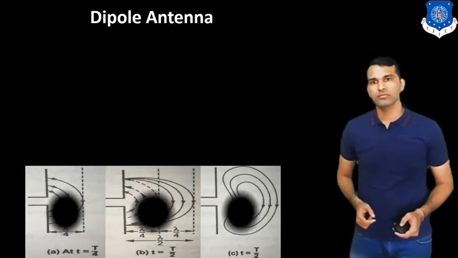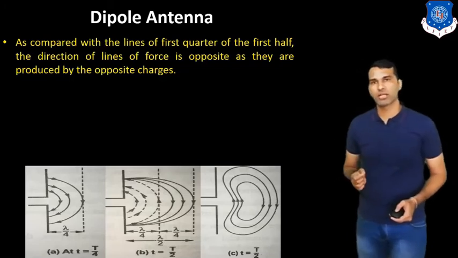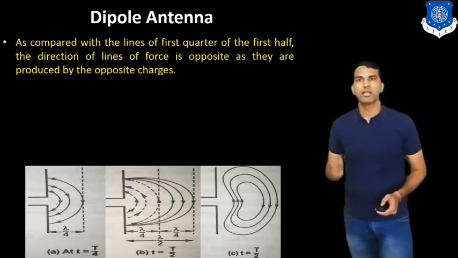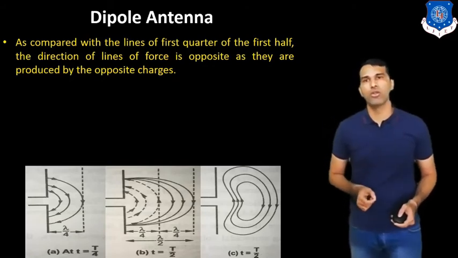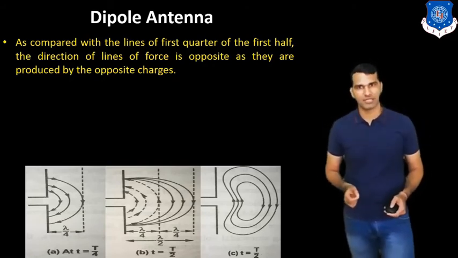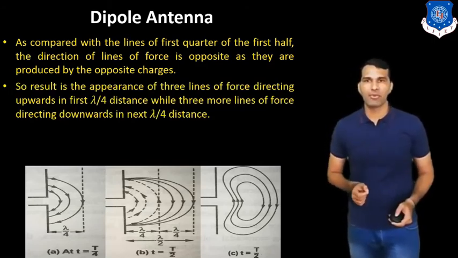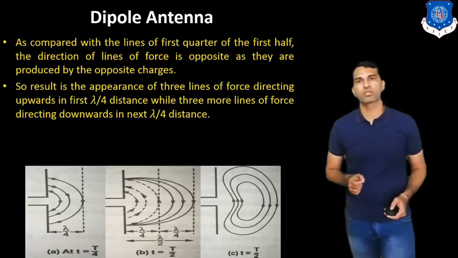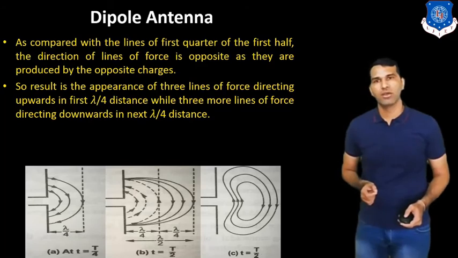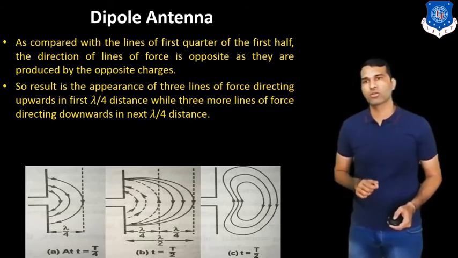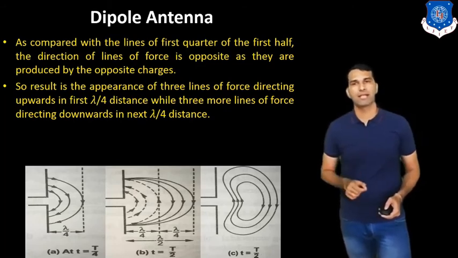Now, compared with the lines of the first quarter of the first half, the direction of the lines of force is opposite, as they are produced by the opposite charge. So the result is the appearance of lines of force directing upward in the lambda by 4 distance, while more lines of force direct downward in the next lambda by 4.